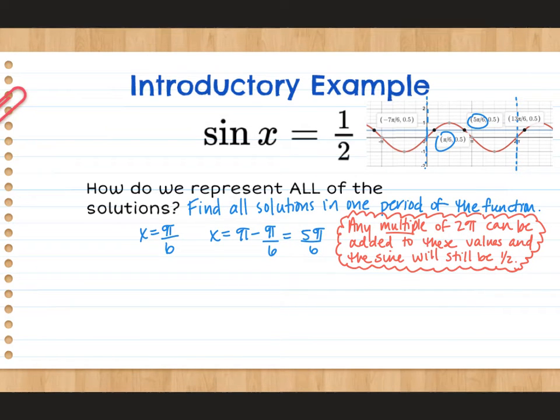So our two solutions can be represented by x equals pi over 6 plus 2 pi n, or a better way to write that would be 2n pi, and x equals 5 pi over 6 plus 2n pi. And that's where n is any integer.